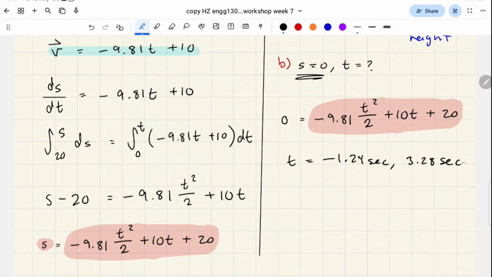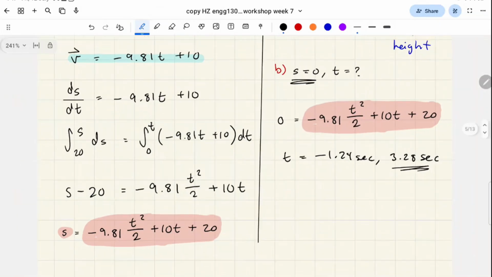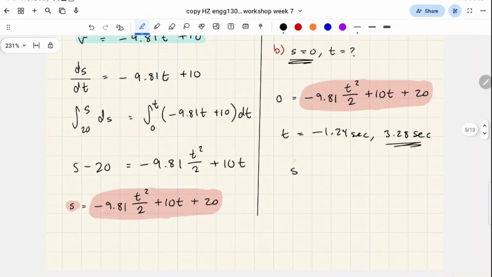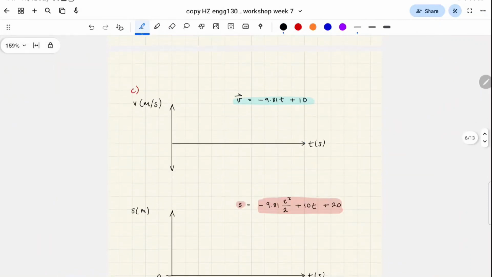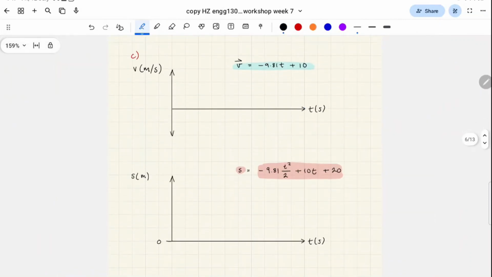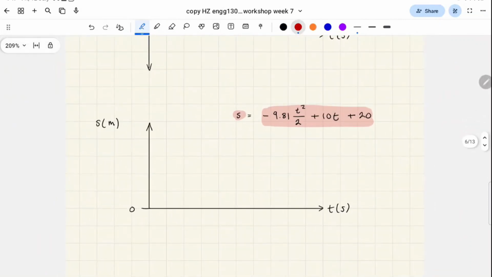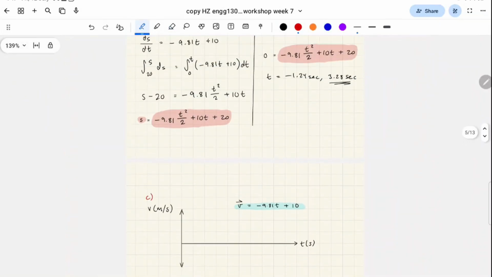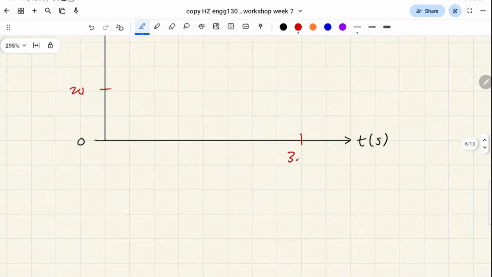I mean, yeah, obviously we're going to pick the positive value, but if you're interested in graphing it, right? So we're doing this one, right? It's just on the next page. Oh, it is on the next page. Sorry, I'll just show you what it is below. Let's graph S, right? It's going to look like you start at 20, you end at 0 at t is 3.28, right?